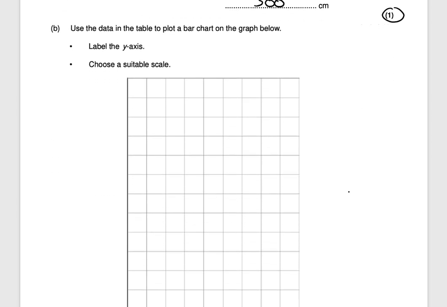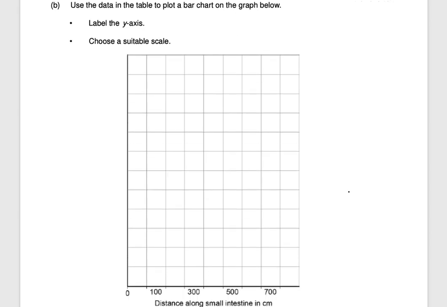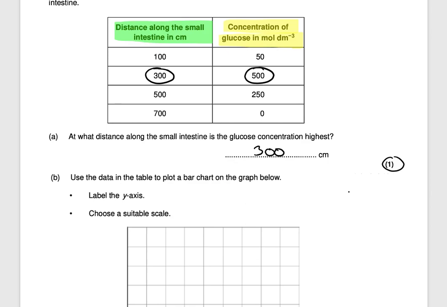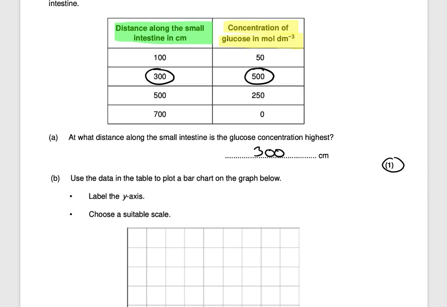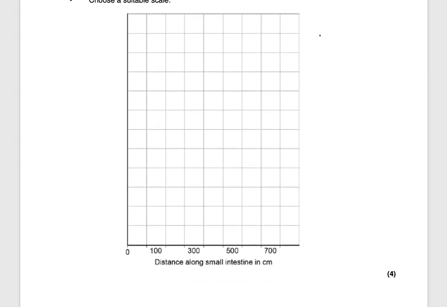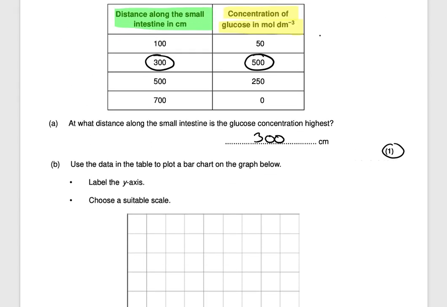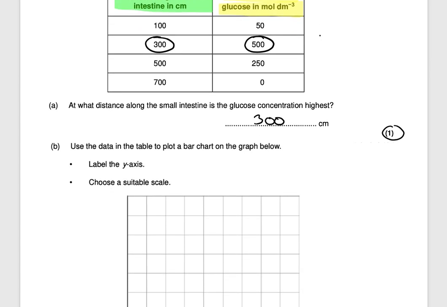The next question says, use the data in the table to plot a bar chart on the graph below, label the y-axis and choose a suitable scale. So, first of all, let's see our table. So we need to plot the glucose concentration. So on the y-axis is going to be concentration of glucose in the units.